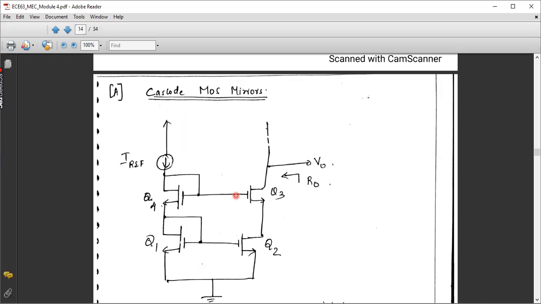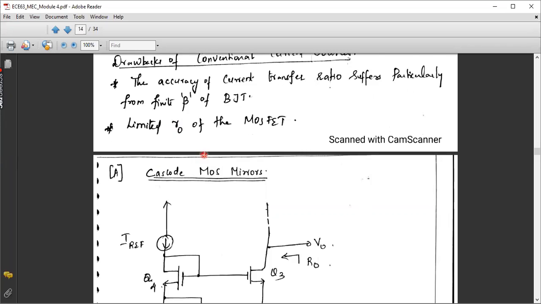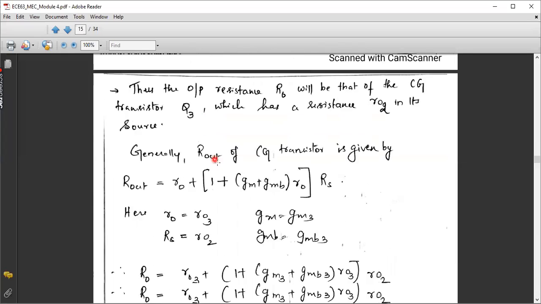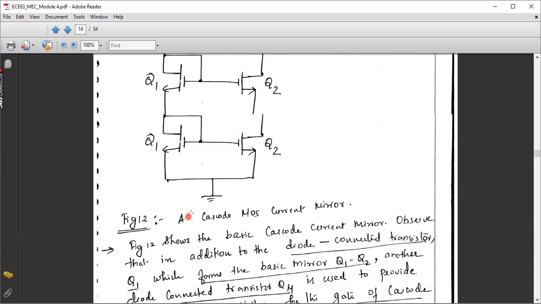Then we have learned a few drawbacks of the conventional current mirror circuits, and then we have learned the working of the cascode MOS mirror, which is primarily looking to compensate this particular drawback, that is the limited R naught. So this limited R naught can be increased to a high value, by GM3 R naught 2 times R naught 3 times, right? This much our output resistance can be increased by using the cascoded version.